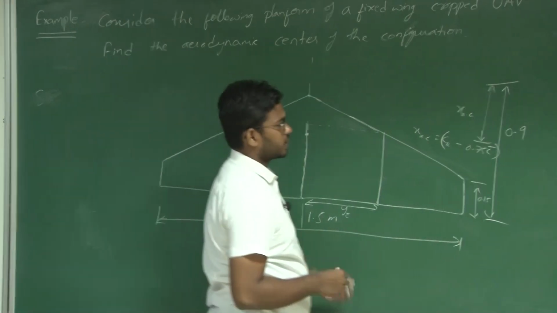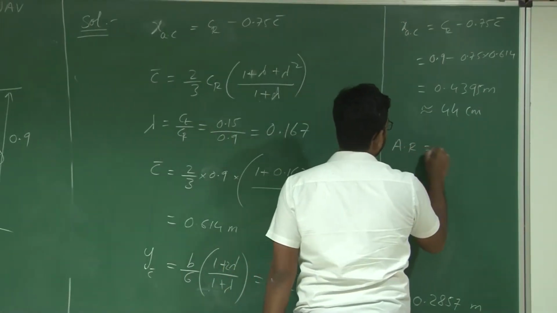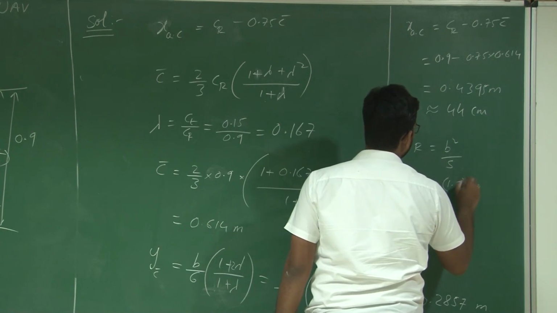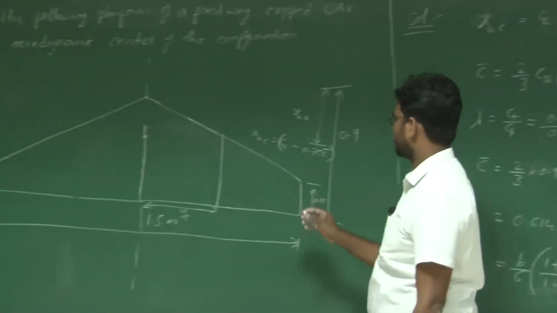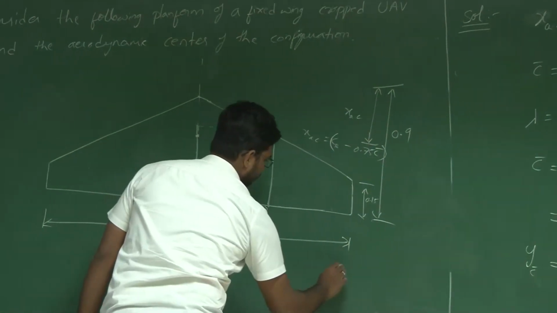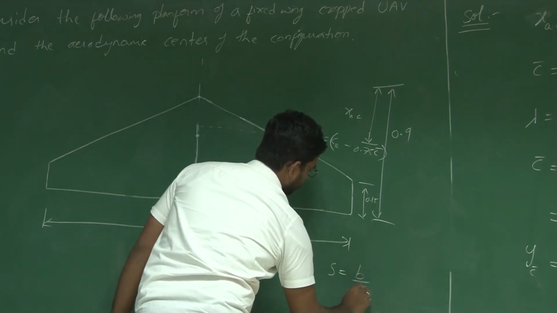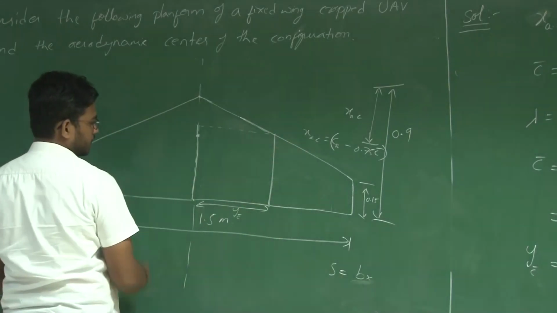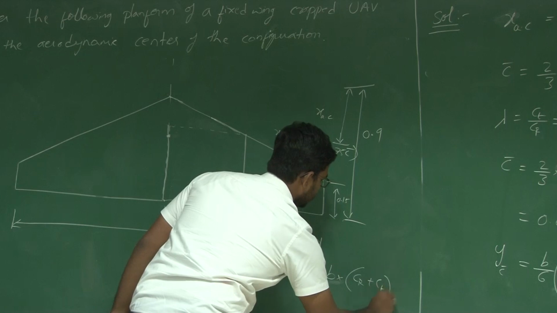Now let us also find the aspect ratio of this configuration. What is the aspect ratio? It is B square by S, that is 1.5 meter square divided by S. What is S for this configuration? S is B into the total area, which is B into CR plus CT by 2.